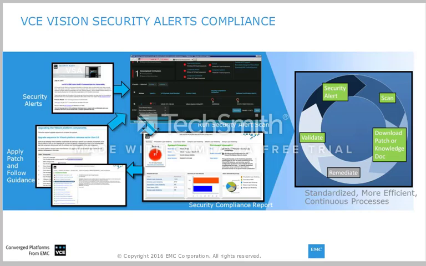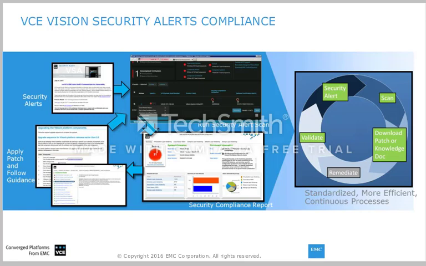Vision can now perform security scans to determine their VSA VTA posture across the whole data center. VSA is VCE Security Alerts and VTA is VCE Technical Alerts. This extends the compliance platform in Vision and provides the customer with a fast, safe, and reliable method for keeping the system secured and stable.